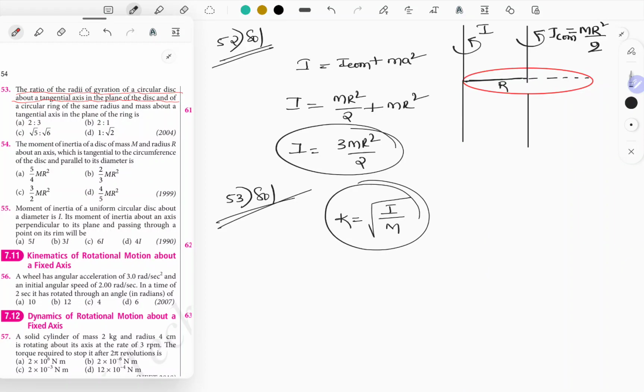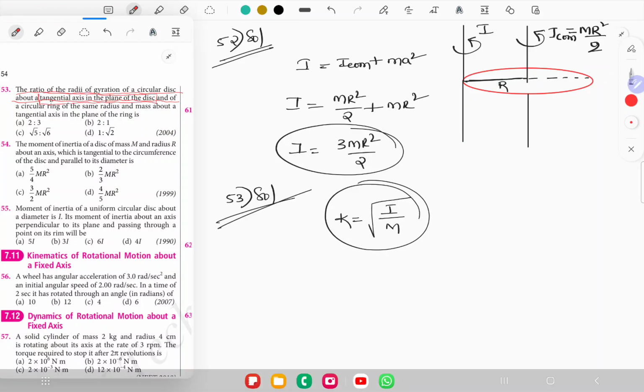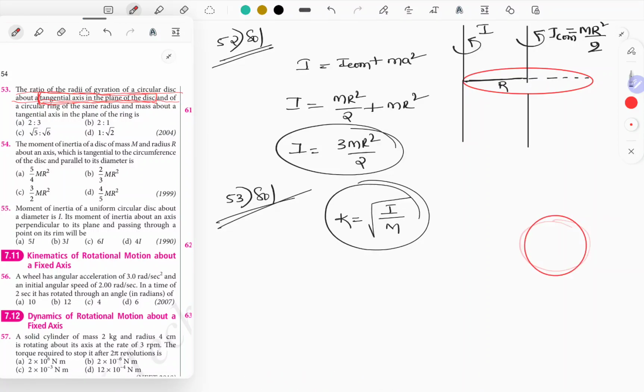Try to observe in between the lines. Try to understand the question carefully. They have given a tangential axis in the plane of the disk. This point is very crucial. This point will give you the correct answer. It is a tangential axis in the plane of the body. So let's say this is the plane of the body and the axis is passing like this.